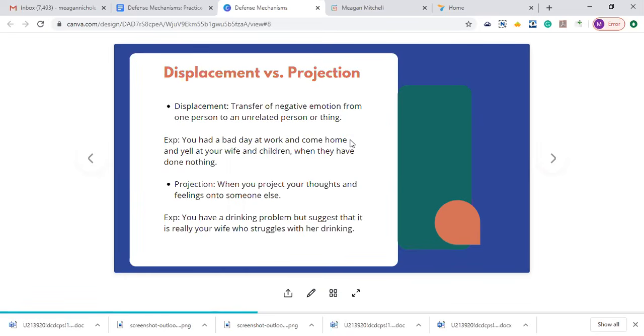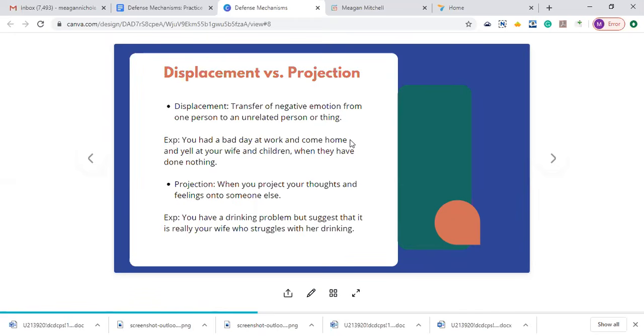Another example of projection is say that you have a client who comes in and you are very calm, you're using a calming voice, and you say to the client, it seems like you're really upset, and the client says, I'm not upset, you're upset. That client would be projecting their feelings or their anger onto you. So it's really taking what they're feeling and giving it to someone else.